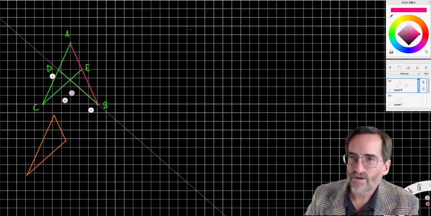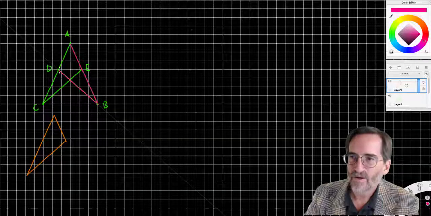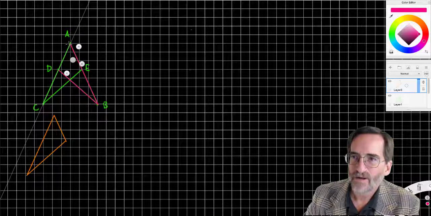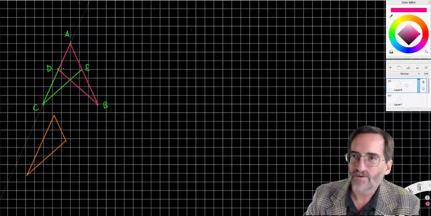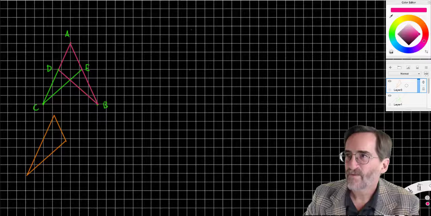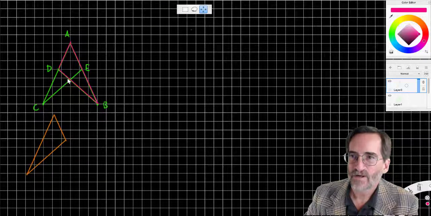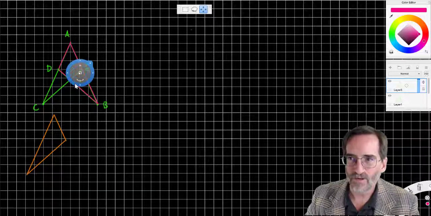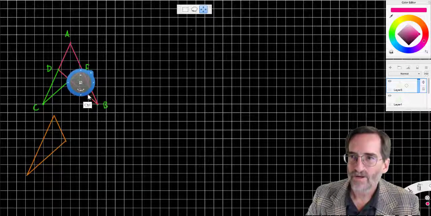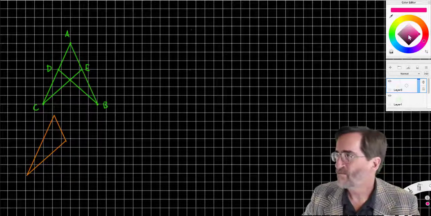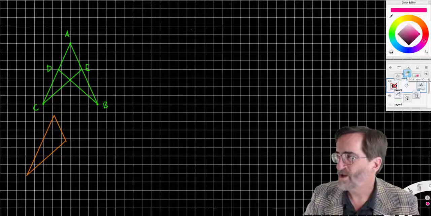Whoops, I didn't create a new layer. Try that again. New layer.